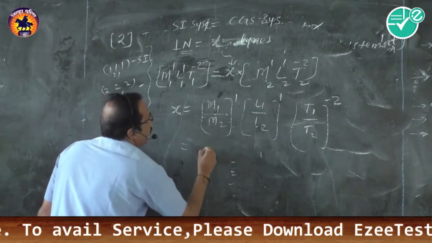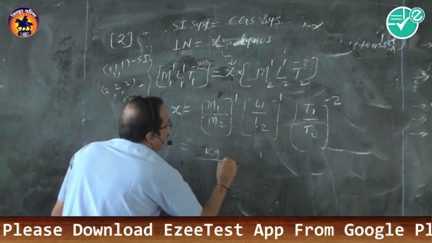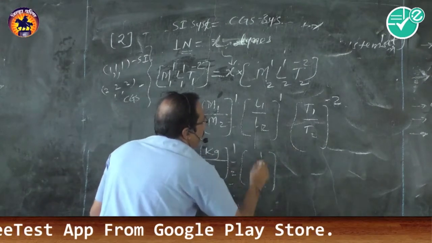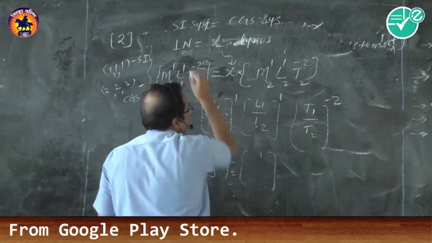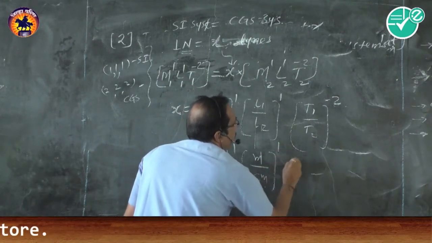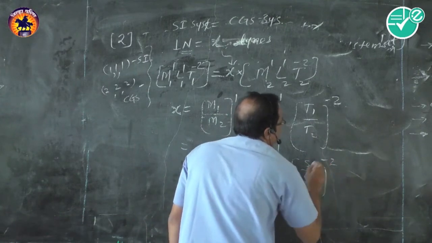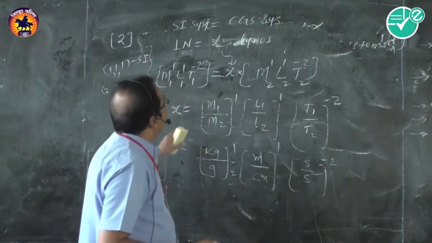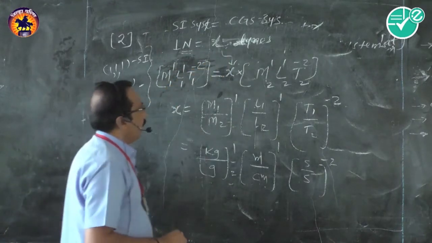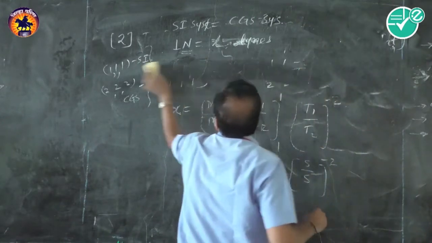So M1 is the mass in the SI system, in kilograms, divided by grams raised to 1. Length in the SI system is meter upon centimeter raised to 1. Here second upon second raised to minus 2, so time is measured in seconds in all the systems, isn't it? Therefore, let me revise what the next step is.